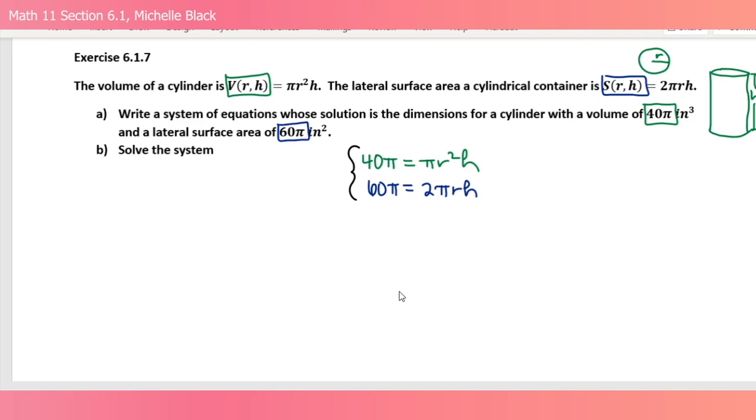Pause the video, try to solve one of these equations for either R or H, and then substitute it back into the other equation and solve for one of your variables. Remember that pi is a number, so don't solve for pi, but either solve for r or solve for h. Pause the video, give yourself some time, try it out, and then come back and check your work with me.